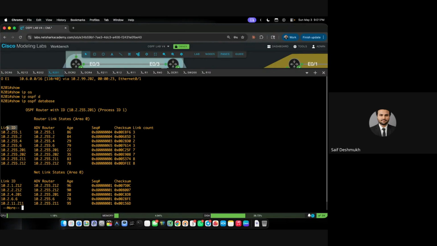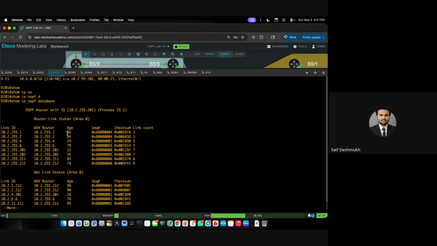Here, it's their router IDs: router 1, router 2, router 4, and router 6. Outward, 4 routers. And inward, in the data center, we have 4 routers: 201, which is us, 202, 211, and 212, including our own information saying who's advertising it.